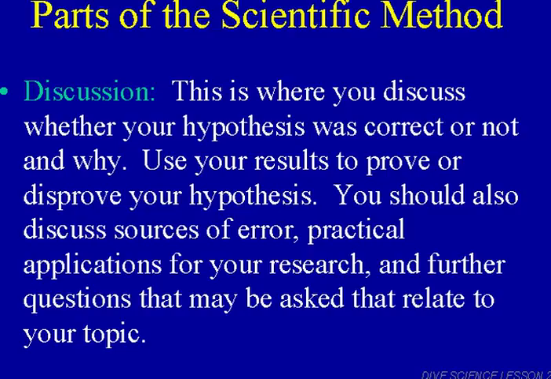Also, you want to discuss sources of error in your results. Why maybe did the results come out the way they did? What are some sources of error? And you never want to say, well, human error is a source of error. All error is ultimately the result of humans. Even the instruments that you use were built by humans, so they are subject to human error as well. So you want to be specific when you're talking about the types of error that you may have.